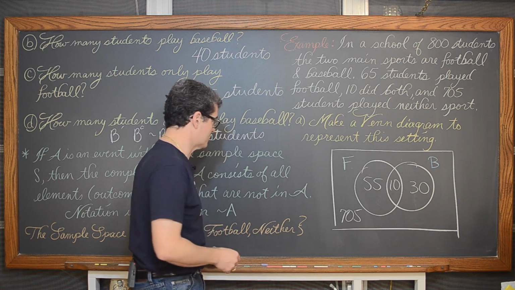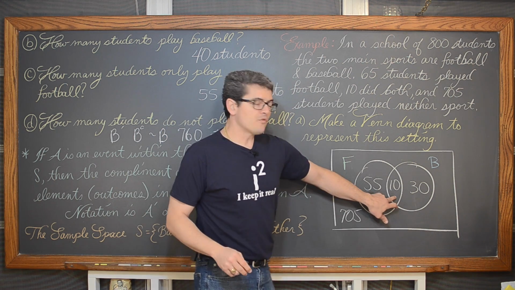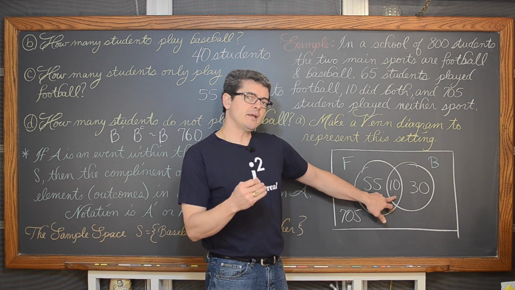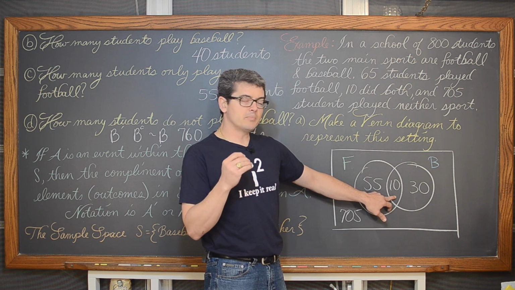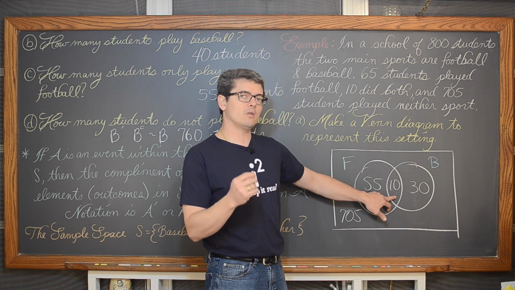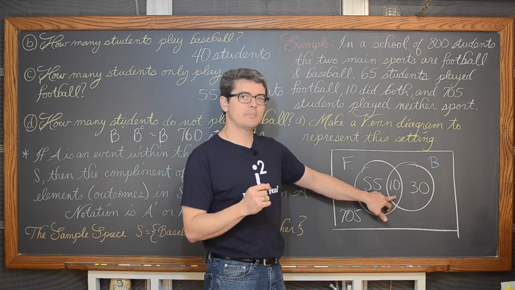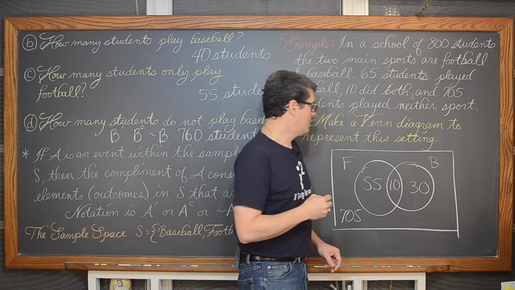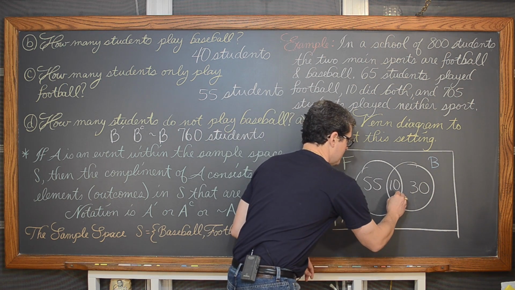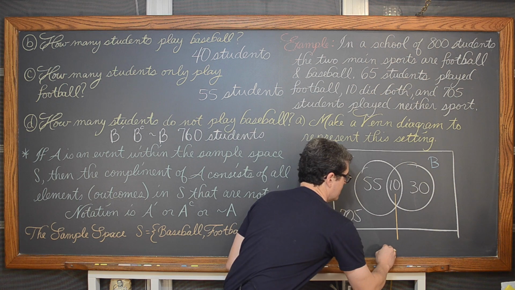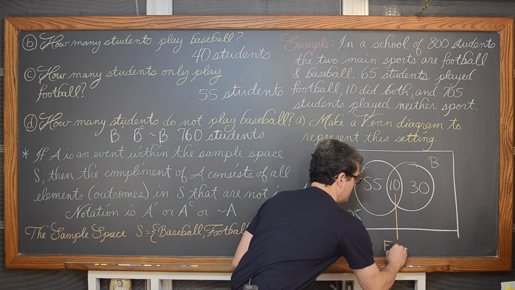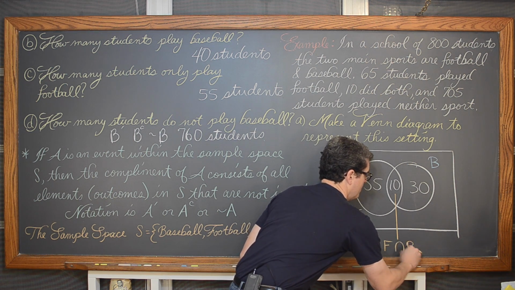So let's use orange. This overlap, these 10 players, are the players involved in both football and baseball. So that's the intersection of those two sports. This center area right here is football and baseball.